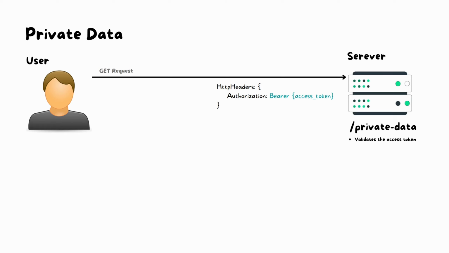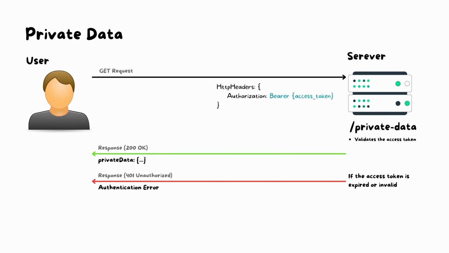The private key is used to create the access token in the login process as well, and it checks the access token with that private key. If it's a valid token and it's not expired, the server sends a success response with the private data. If that access token is invalid or expired, it sends an authentication error response. It's not going to send the private data.